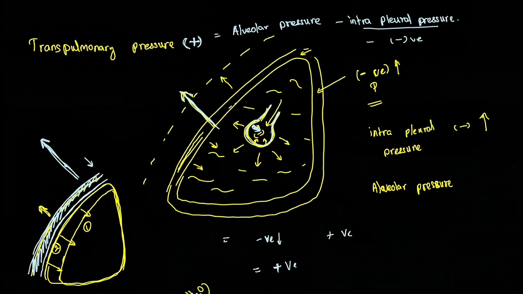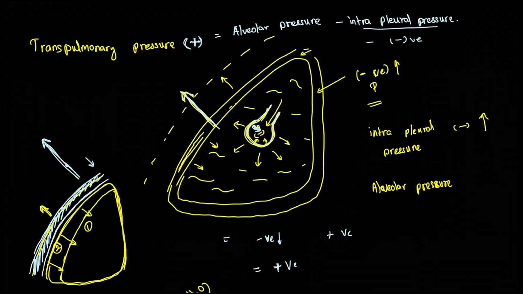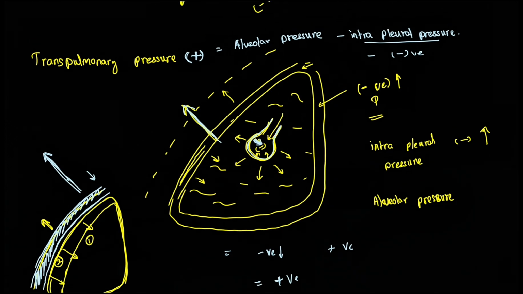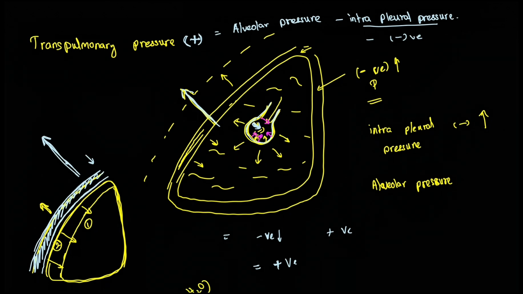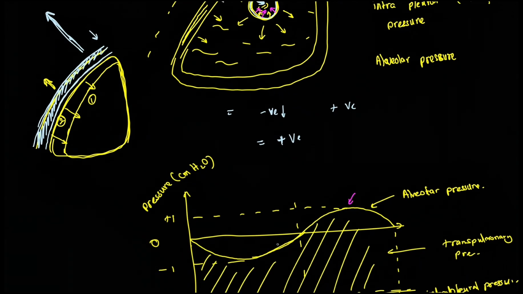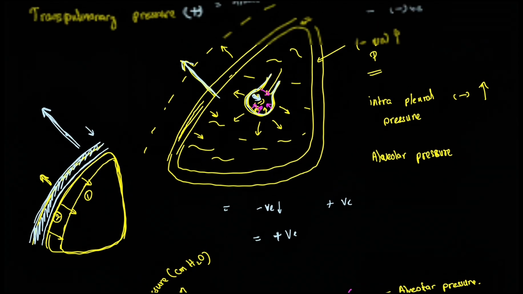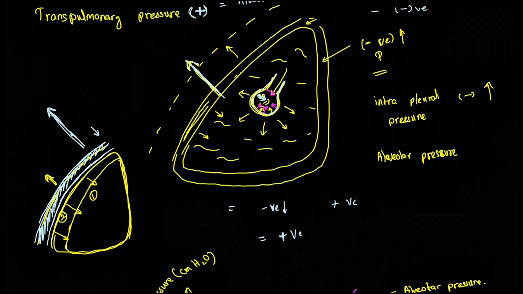And then we have the surface tension inside of the alveoli, which tries to collapse the lungs. The alveolar pressure changes, meaning the air pressure becomes positive or negative. But the pressure created by the surface tension always tends to collapse the lungs.